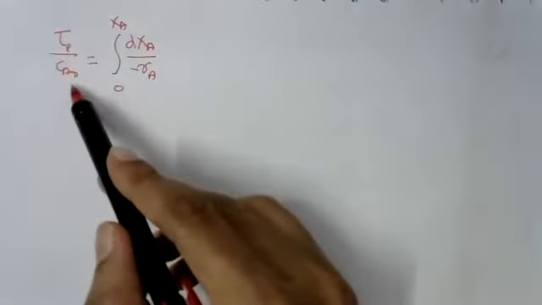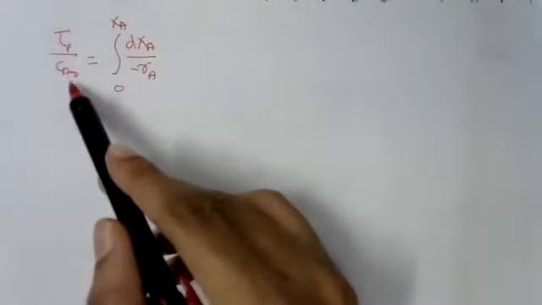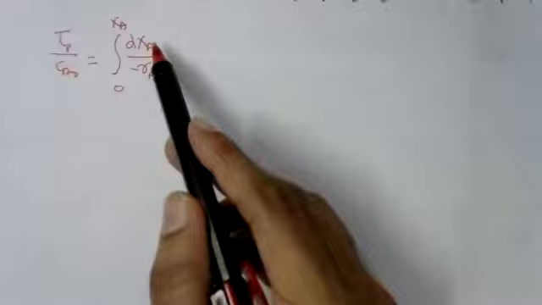Now, if you shift this CA0 to this side, then you will get CA0 dxa.